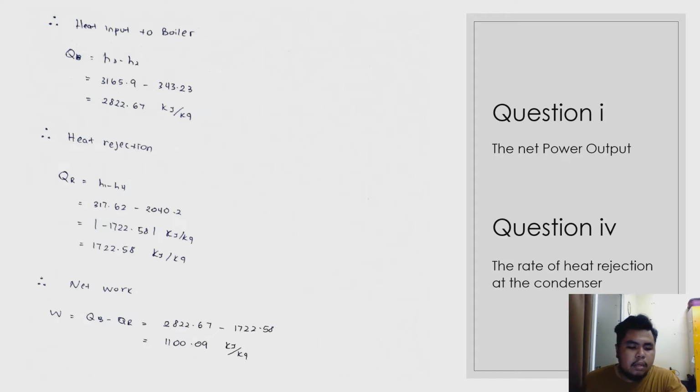Then we must add it with the work of the pump, then we can get H2. For H3, we can get it from table A6 at a pressure of 25 megapascal.